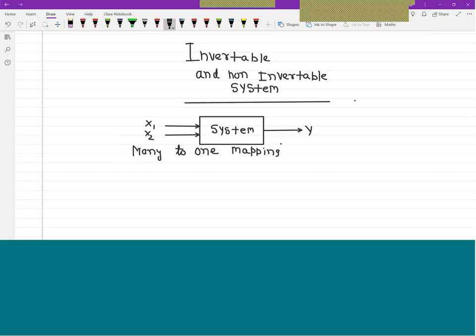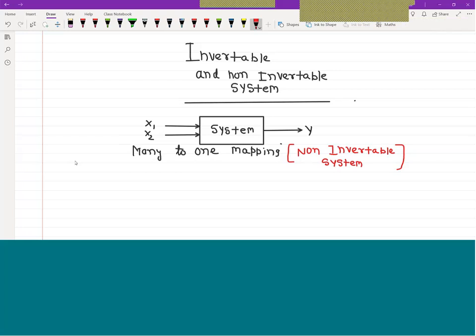Many to one mapping is an example of a non-invertible system.